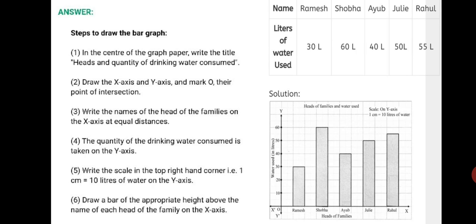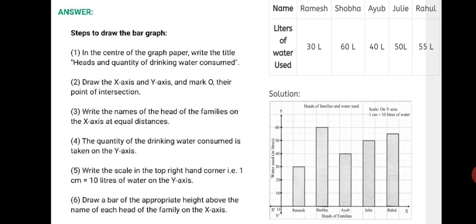Fourth, on the y-axis write the scale which is given to you using the numbers in the table. Then fifth step, you will just have to mention what scale you are using in the right-hand side corner of the graph on top. And sixth, now you are ready to draw your bars. So the bar graph is completed in 6 steps.